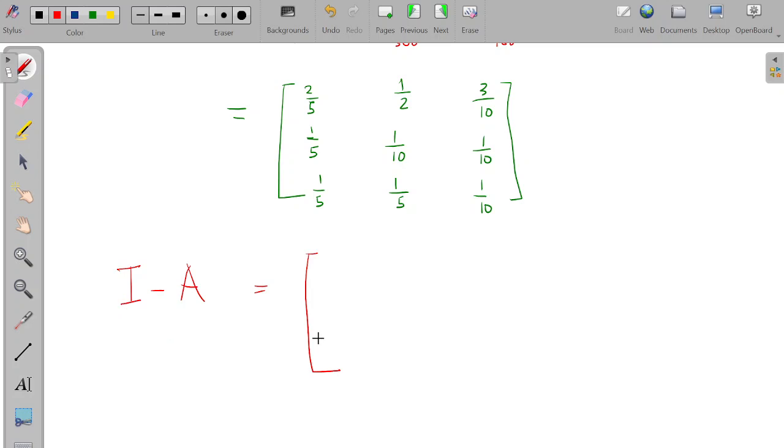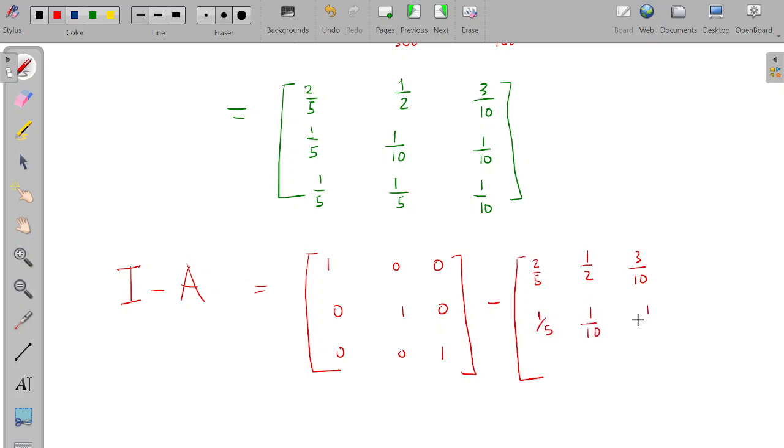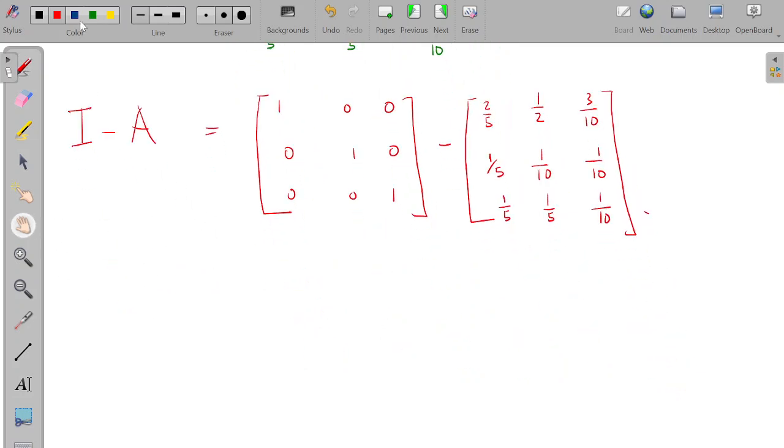So that means we are going to have the identity minus this, our A. The identity minus A. Okay, that's what we need to get. That's our coefficient matrix.